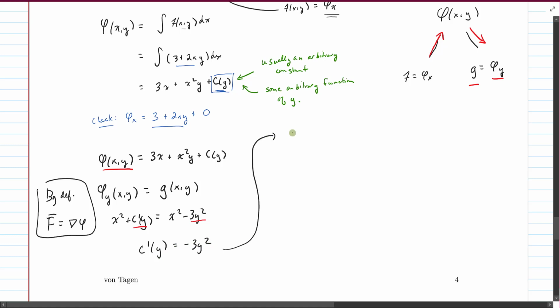So now what we can do is integrate c prime of y with respect to y. That would be the integral of minus 3y squared with respect to y. So that's going to give us c of y equals negative y cubed plus, and now I'm going to write c, and here I really do mean an arbitrary constant.